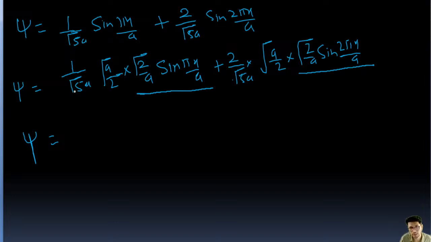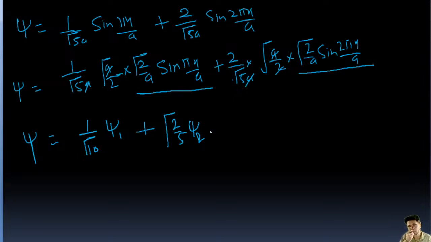Here a will get cancelled, so this is going to be 1 upon root 10 psi 1. Plus, here again a will get cancelled and the 2 will get cancelled with root 2, so this is going to be root 2 upon 5 psi 2.